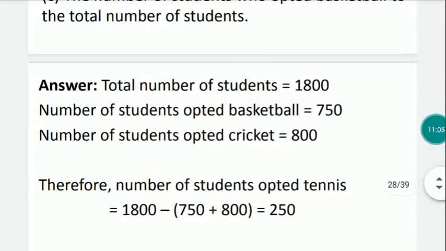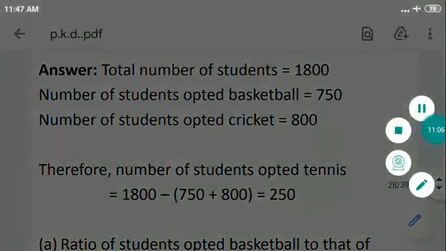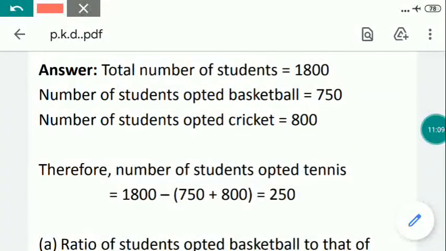Now here, total number of students is 1800. Number of students opted basketball is equal to 750. Number of students opted cricket is 800. Now number of students opted tennis equal to 1800 minus 750 minus 800, which is equal to 250.